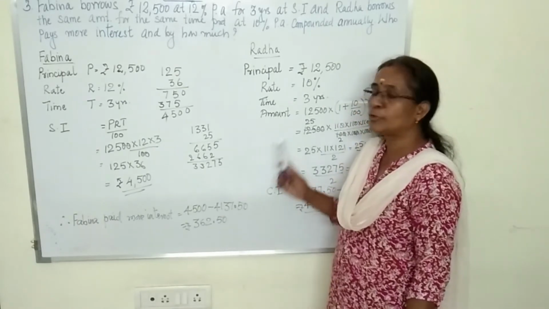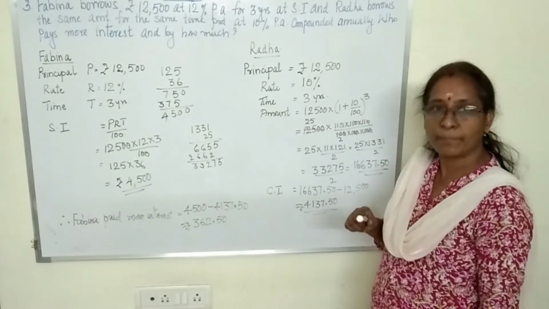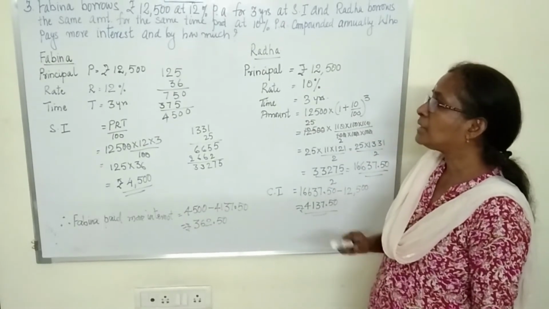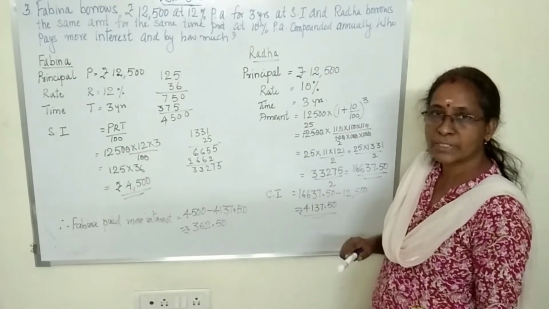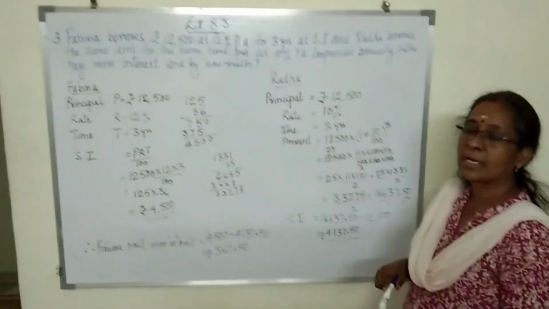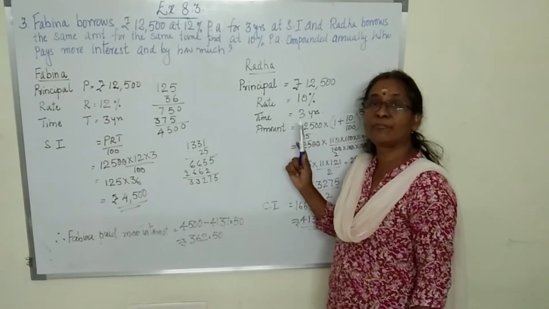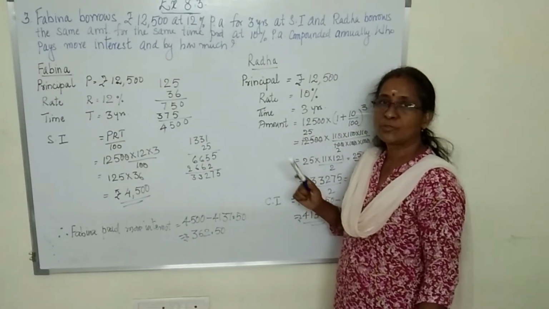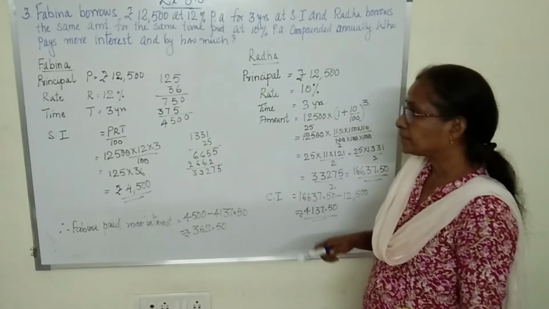See children, both of them are borrowing the same amount for the same period. But Fabina is taking it at 12% simple interest, and Radha at 10% but for compound interest. Whether they have to pay the same amount or not, let us see.